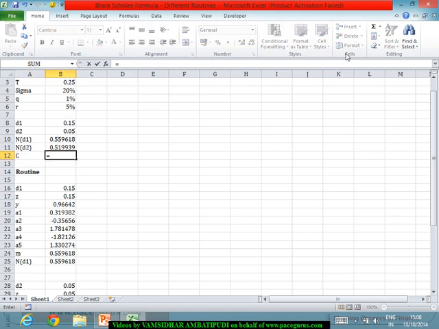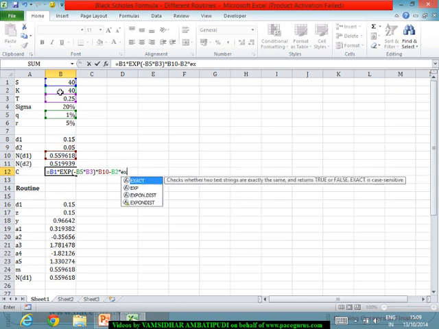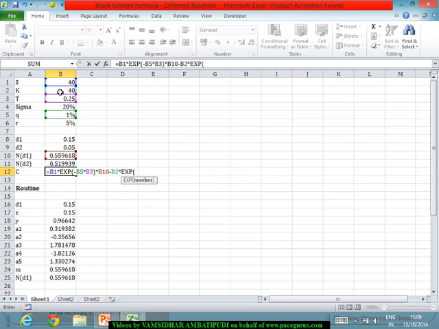Probably the same logic, if I apply it directly using the Excel based formula, let me try out. What is the price of this call option? S naught times e power minus qt times N d1, minus the present value K times e power minus rt, times N d2.